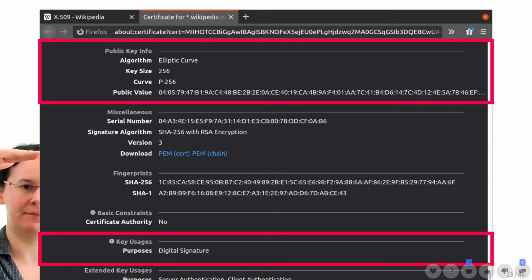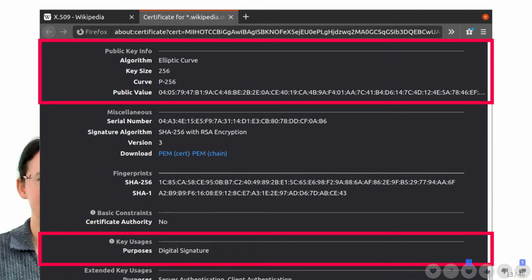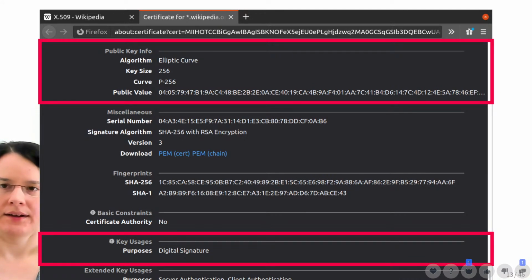So PEM is simply a file format, how to store a certificate. And on the bottom here, you can see some fingerprints of this certificate, which you can compare if you want to see if it's the same certificate as some other ones. I think that should also contain the hash of the public key as part of it.